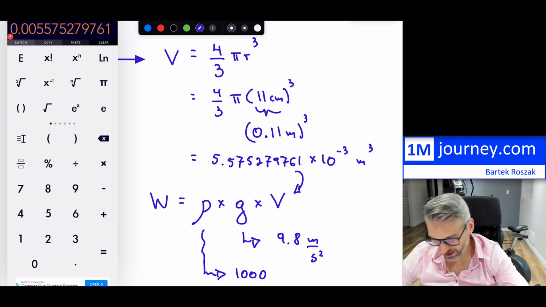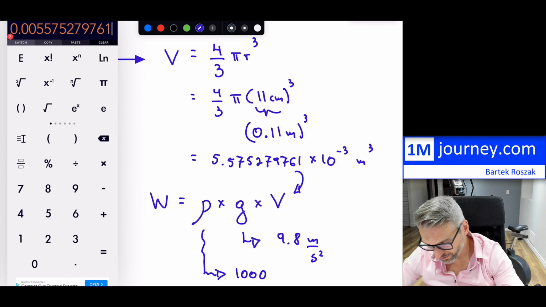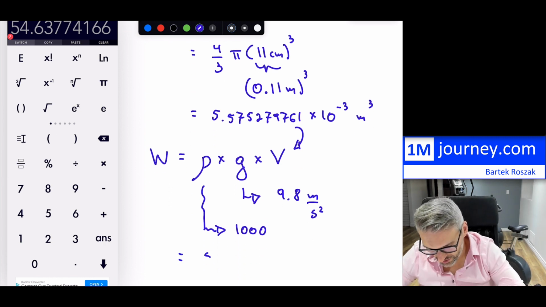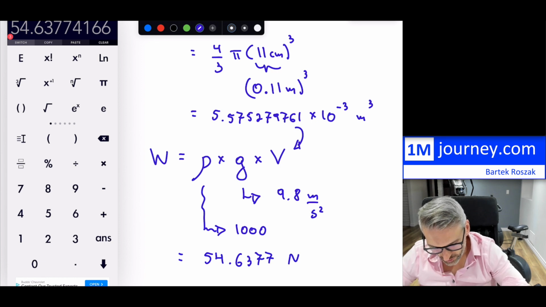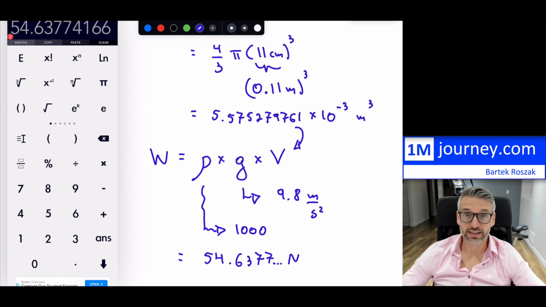So now we're going to take our answer right there and multiply by 9.8 and by 1,000. And we have it exactly: 54.6377 newtons, and that is the weight of the fluid that would have been displaced.